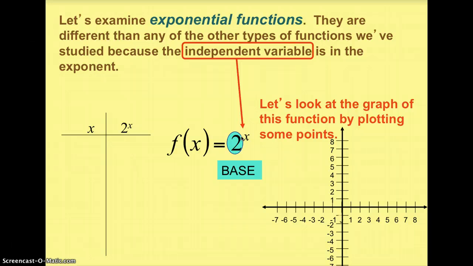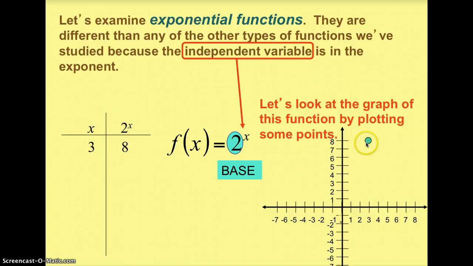Remember that when we are plotting a graph using a function table, we assign ourselves the values of x. Let's assign 3 to x. If we use this equation, 2 raised to the third power is 8. So your x coordinate is 3 and your y coordinate is 8.